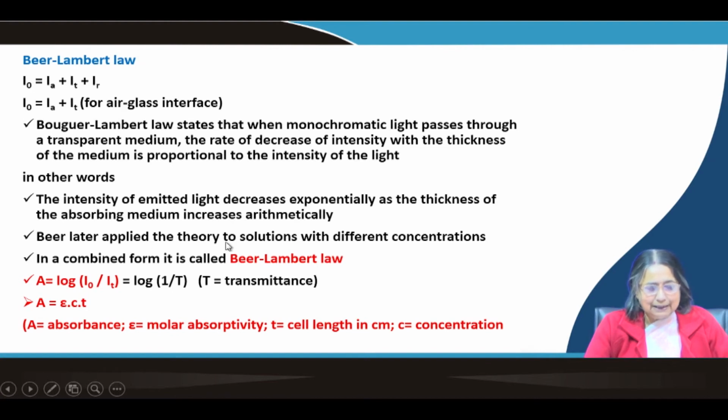Beer later applied the theory to solutions with different concentrations. So, by combination it is called the Beer-Lambert law.